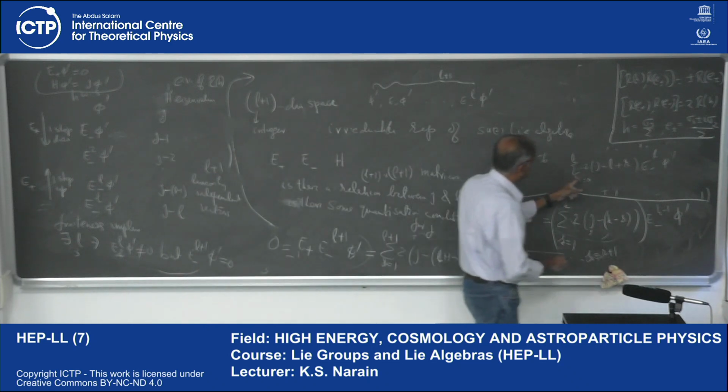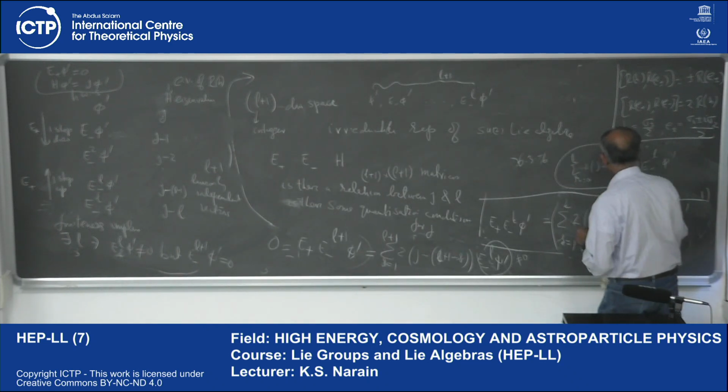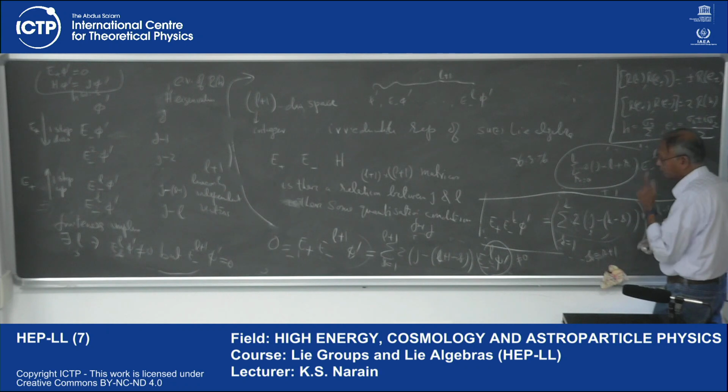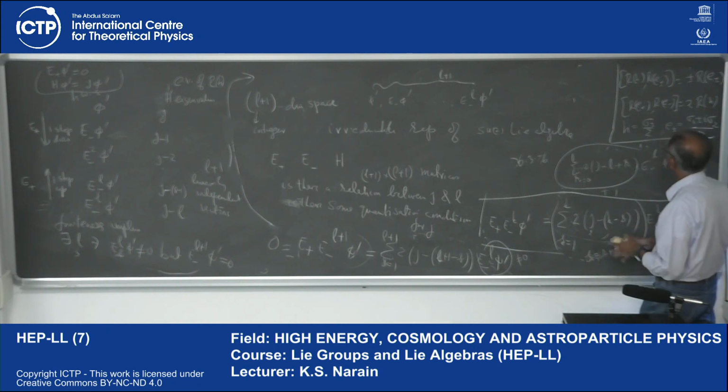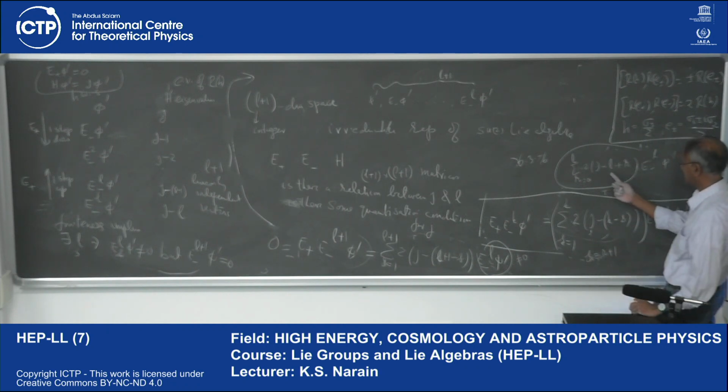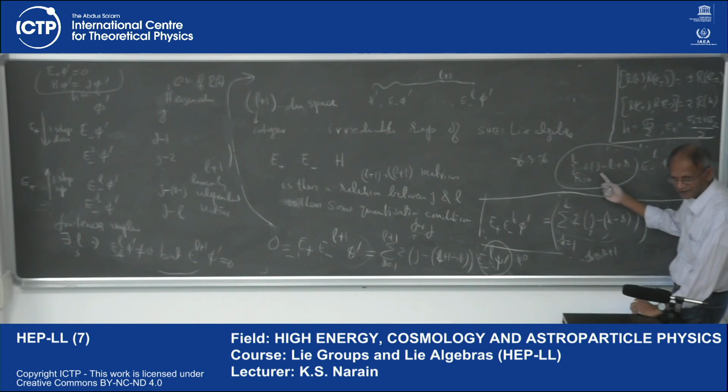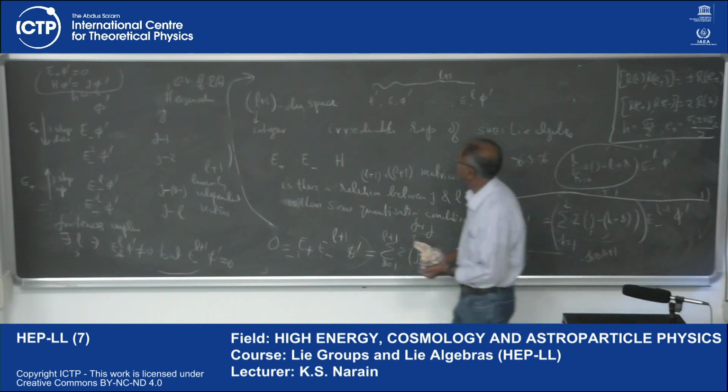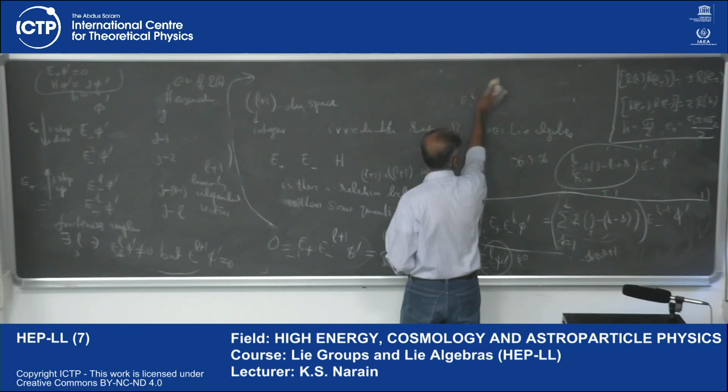So let's see. So this must be 0. Okay. Can we prove that? Can we see what the condition is? Clearly, there is some relation. It cannot be 0 for all values of j, right? So there must be some relation between j and n. So let's just try to work it out. I can use this here.